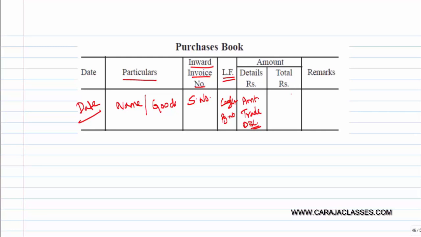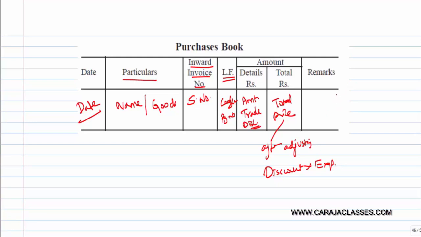The next column, the sixth column, is the total column. This column represents the total price of the goods, that is the amount which is payable to the creditors after adjusting discount and expenses related to purchases, and the last column is for any extra information.